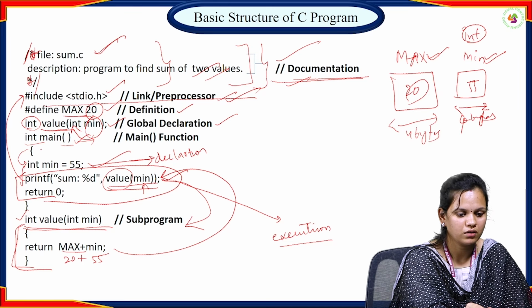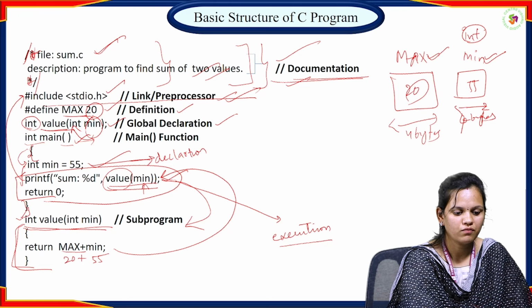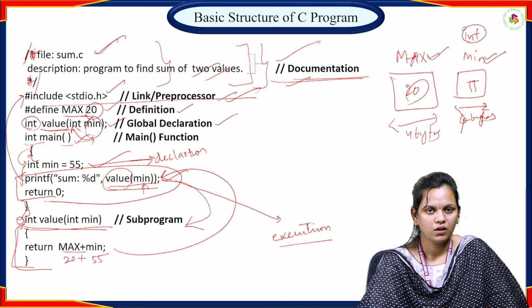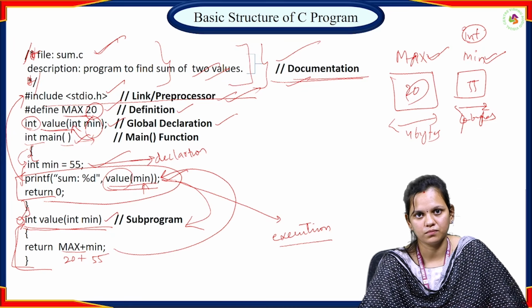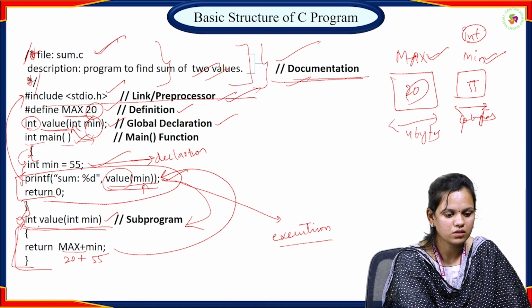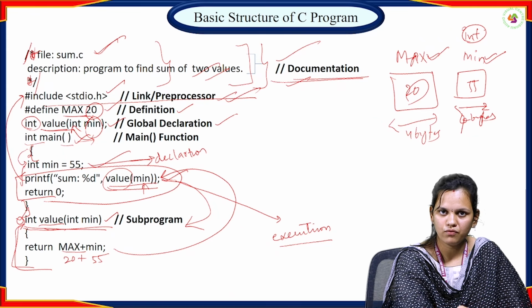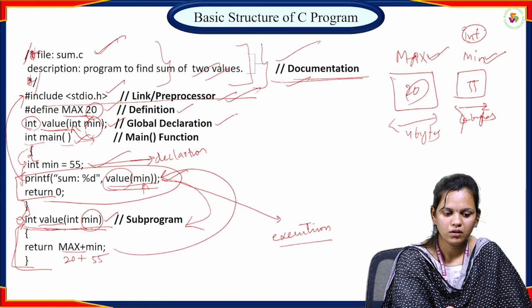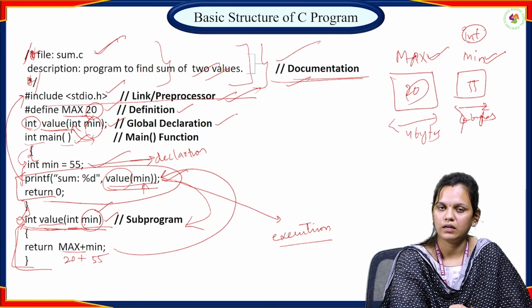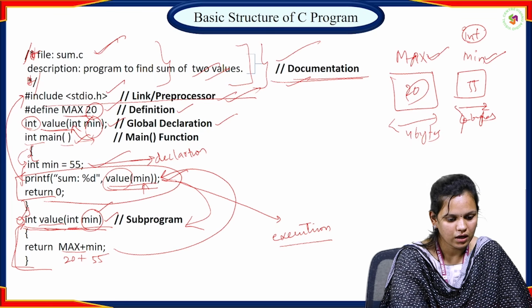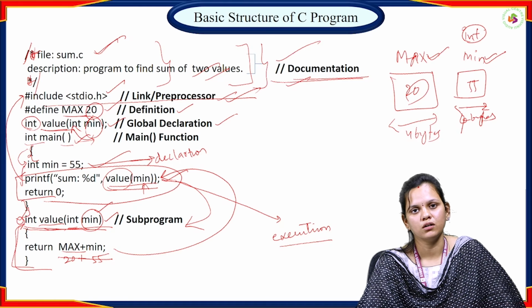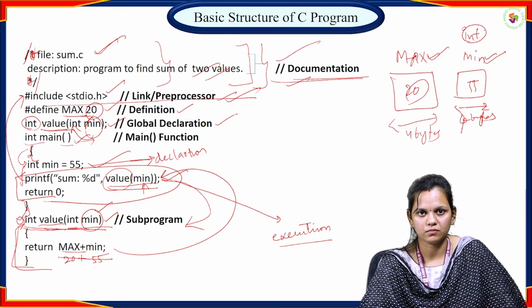After this main we have the subprogram section, where the user has defined his own function, right? So this value is the function name, and here we are again declaring the variable minimum as integer data type, and then we are returning this max plus min, right?